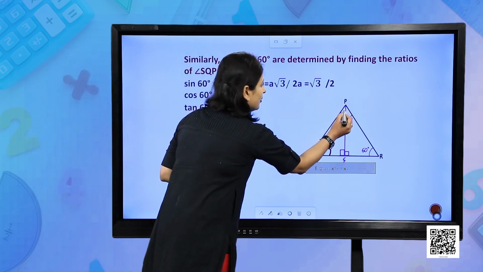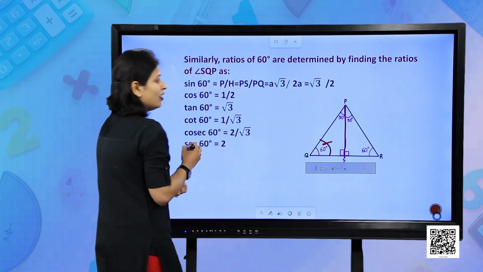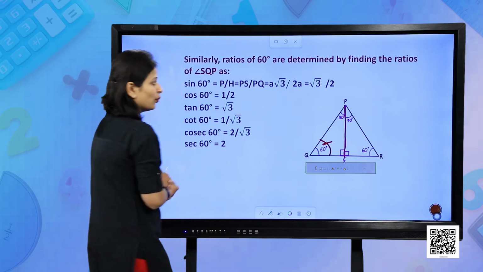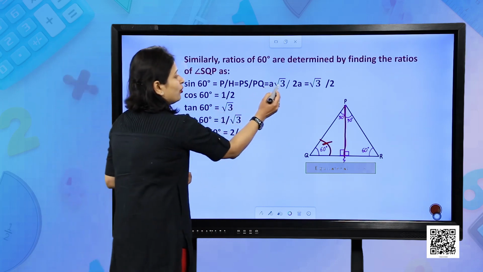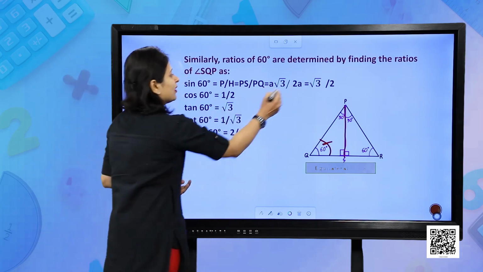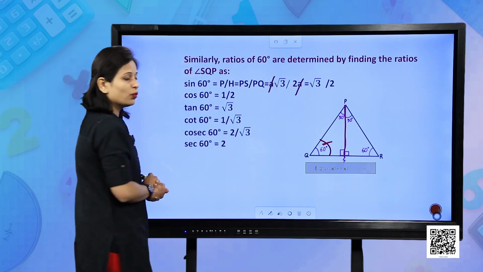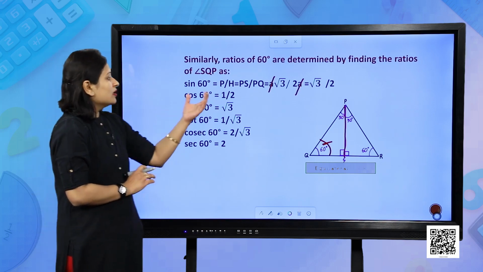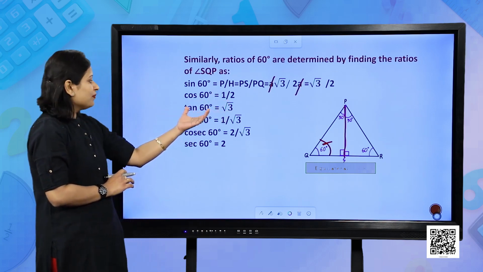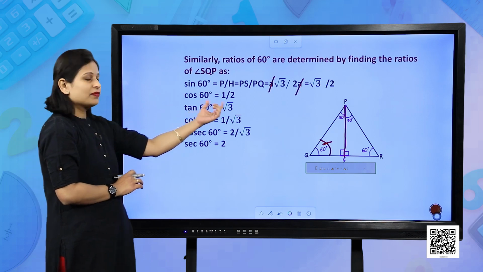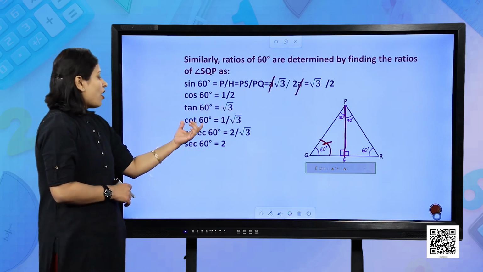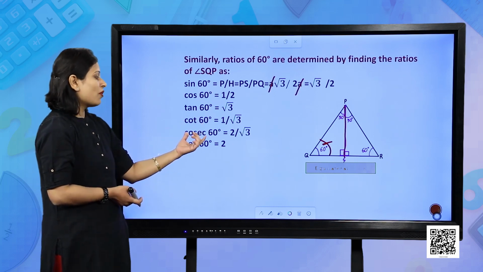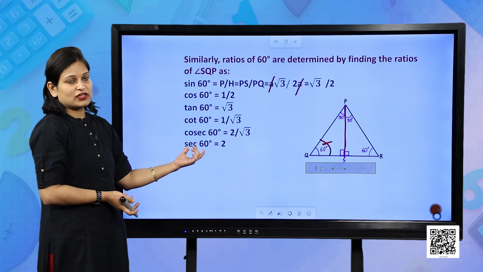Perpendicular will become PS with respect to angle PQS, and hypotenuse will be PQ. So, what will you get? Root 3A divided by 2A, cancel out A, you will get root 3 by 2. For cos 60 degrees, you can find out the value easily. For tan 60 degrees, root 3. Cot, cosecant and secant functions are just the reciprocals of tan, sine and cos functions.